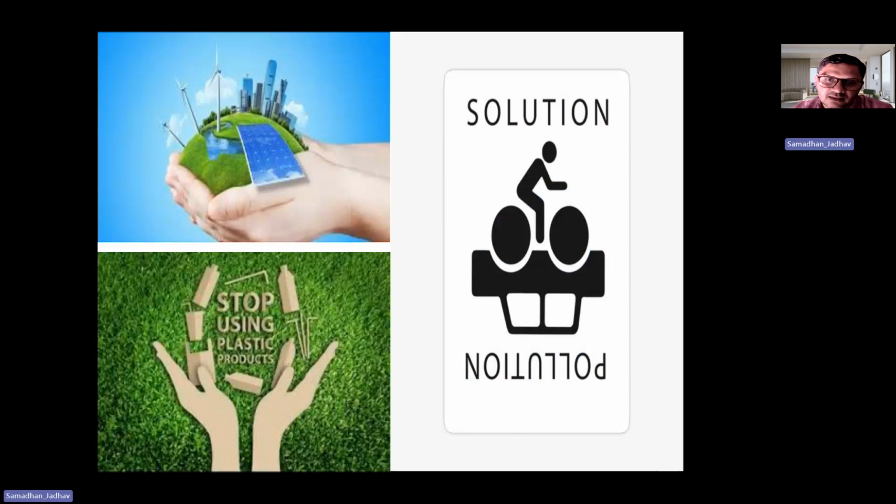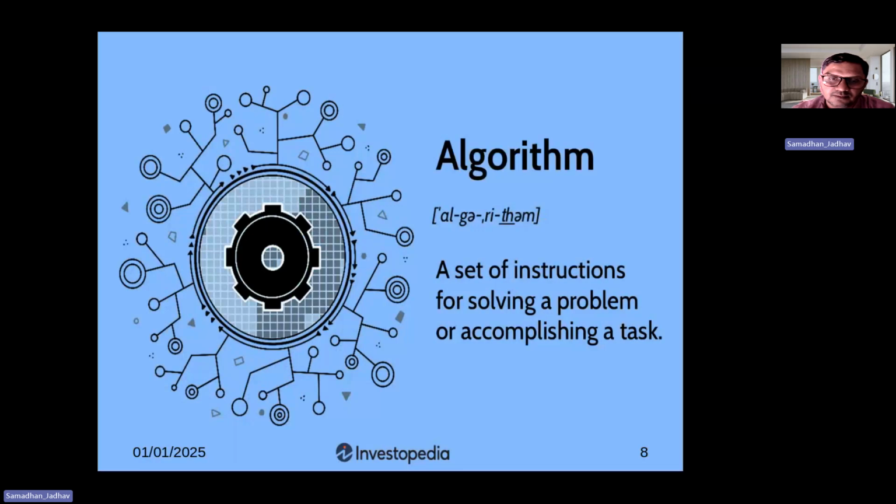So we'll now focus on the algorithm, the instructions which are written to solve a problem using a computer. So this is a definition of algorithm: a set of instructions for solving a problem or accomplishing a task. This is a definition given by this particular website.